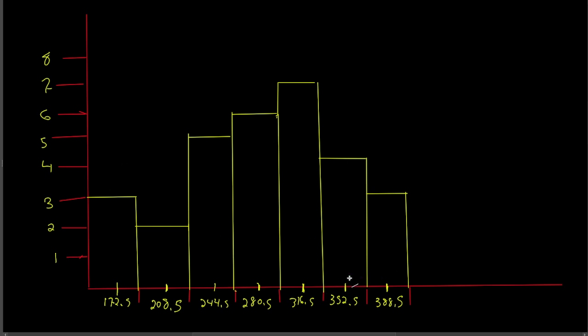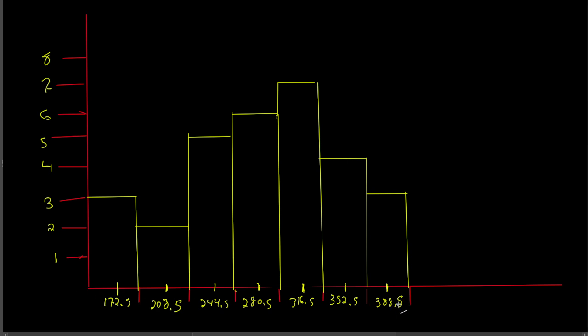And this is a histogram. It really looks like the tally marks we made, and the height tells me the count of my data. And if we shade it in again, we can see most of my data is in here. And we have a pattern of where our data is. We can see how it's spread out across all the values of the range.